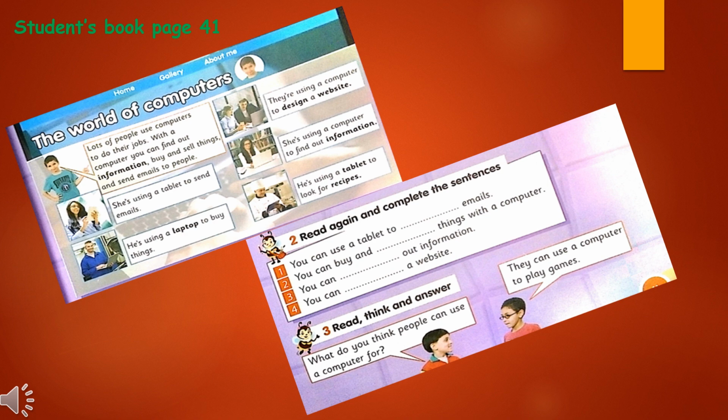Next, he's using a laptop to buy things. He wants things for his business, and he wants to buy them. The last one, as for the chef, he is using a tablet to look for recipes. Do you know the meaning of recipes? Recipes means the way to make something or to cook something.